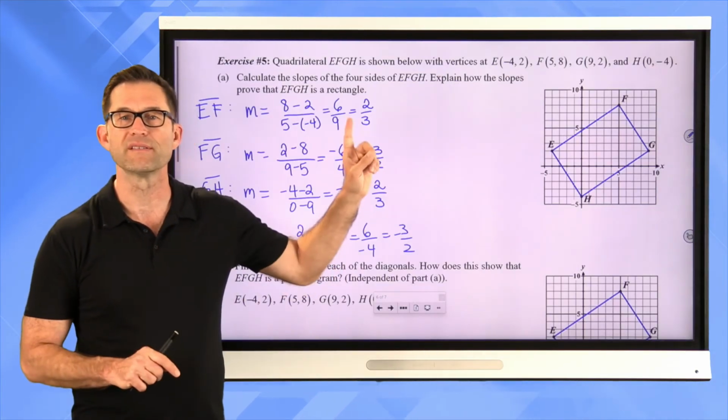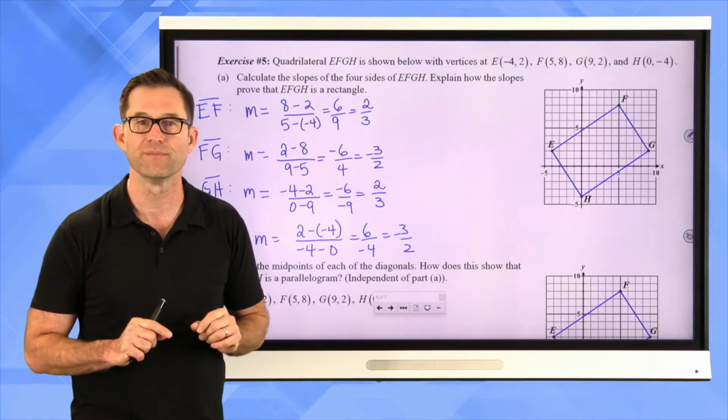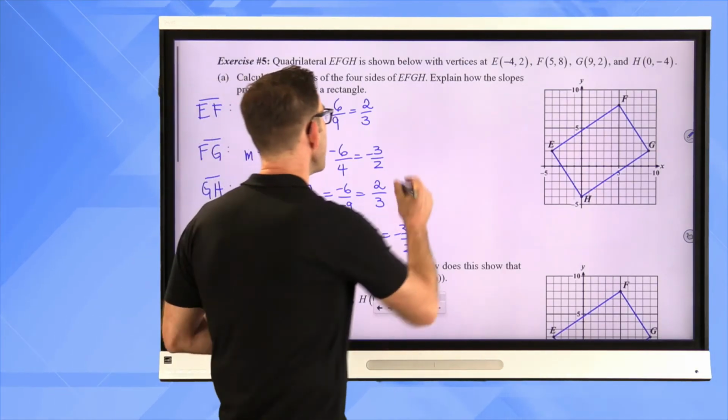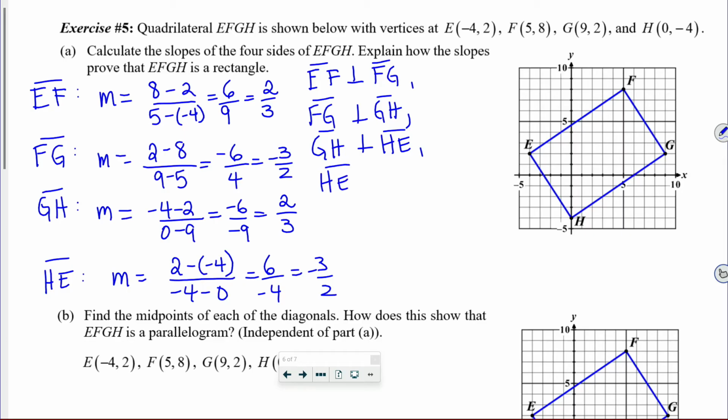What's more important is the fact that the 2/3 and the -3/2 are negative reciprocals. So we can now say EF is perpendicular to FG, and FG is perpendicular to GH, and GH is perpendicular to HE, and HE is perpendicular to EF.